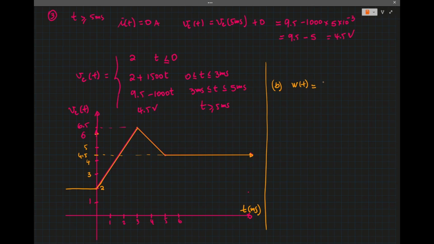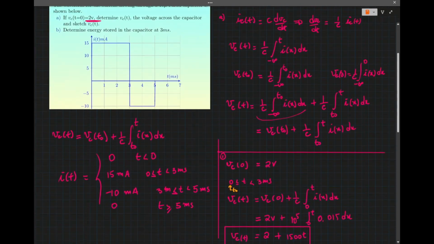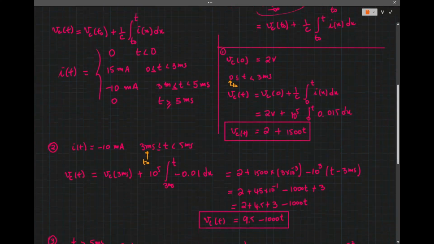So the formula for the energy is 1/2 C VC square of t. We're asked the energy stored in the capacitor at 3 milliseconds.